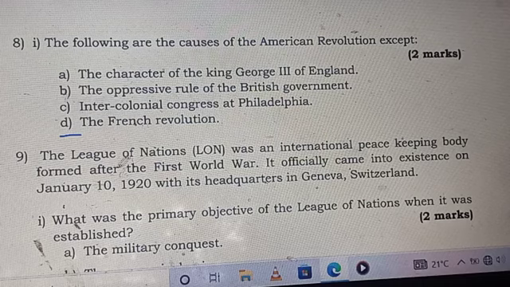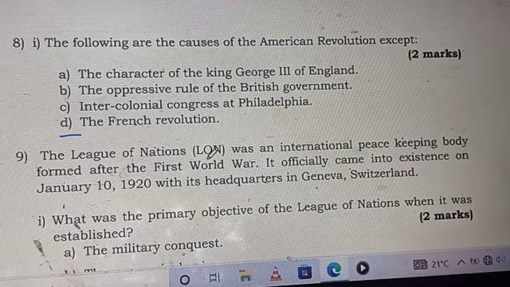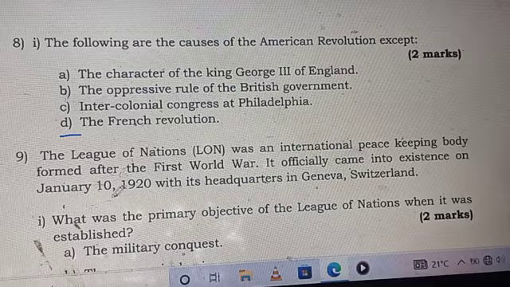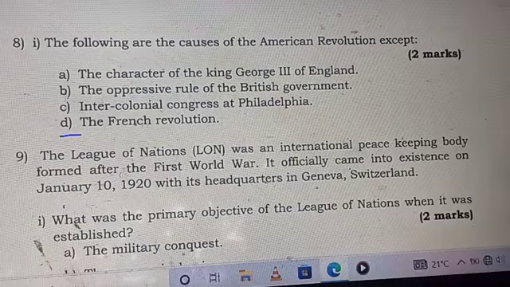Question 9. The League of Nations was an international peacekeeping body formed after the First World War. It officially came into existence on January 10, 1920, with its headquarters in Geneva, Switzerland.